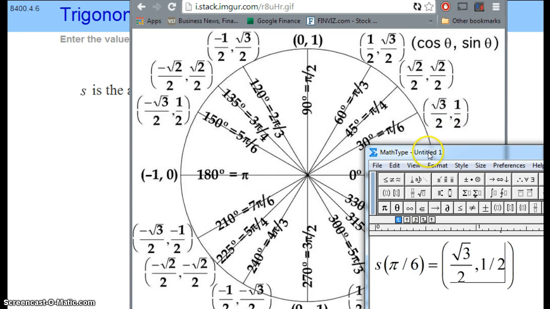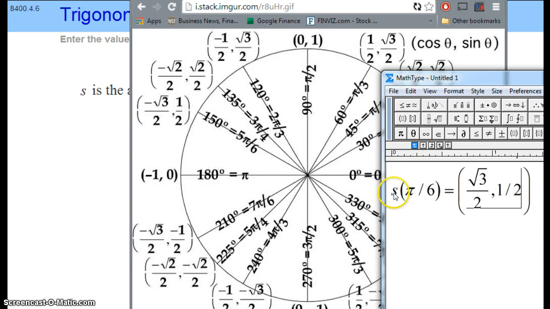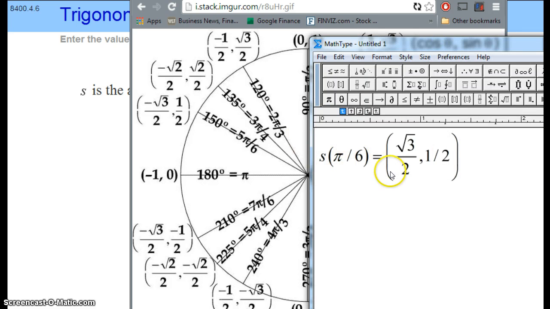That's the arc length essentially. Arc length is usually stated in radians, so the arc length from here to here is pi over 6, and that's what he talks about in this wrapping function.